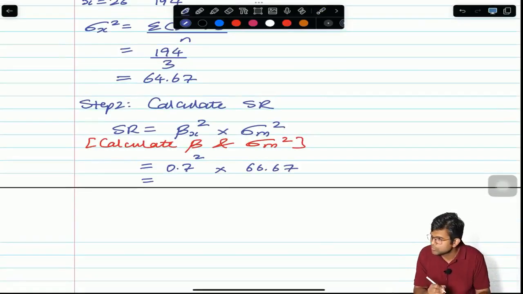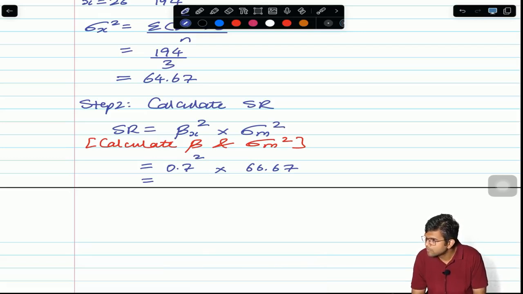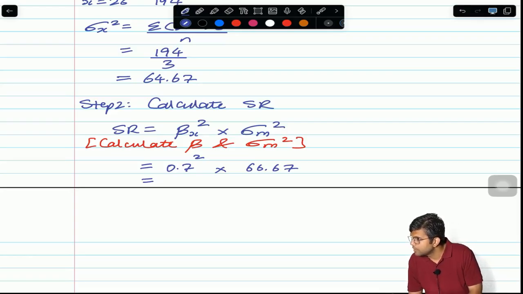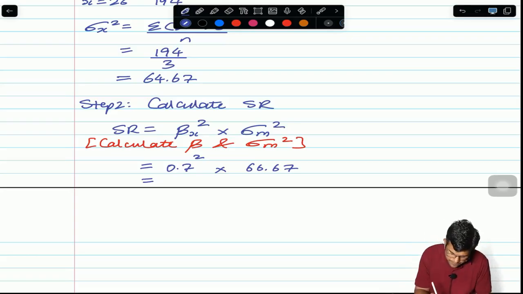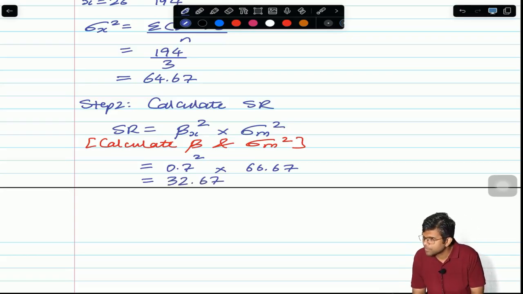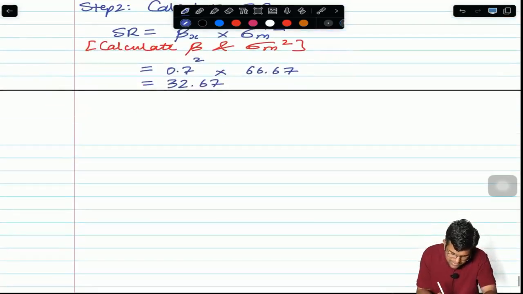So students, can you please tell me how much is 0.7 square into 66.67? It is 32.67. All done. And last, can I say USR will be TR minus SR.